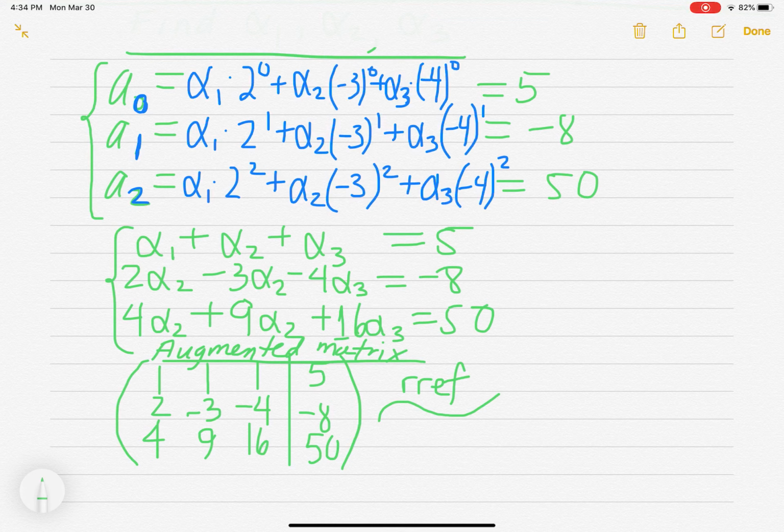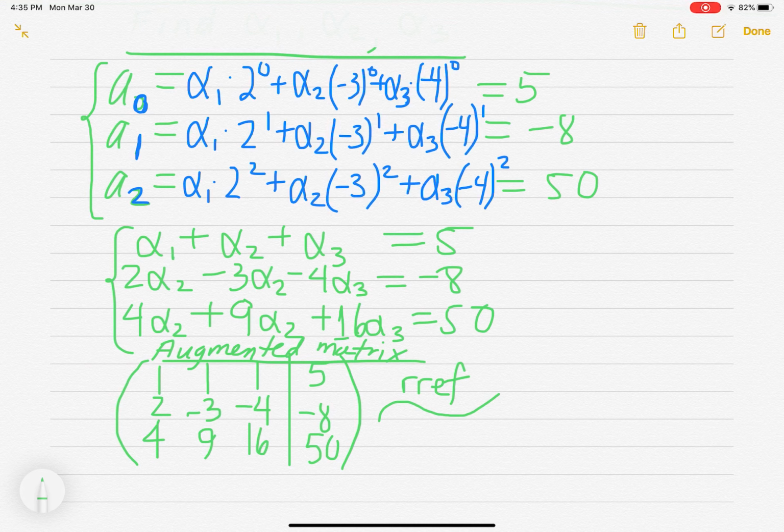And we're going to do 1, 2, 4 down the first column. 1, -3, 9 down the second column. 1, -4, 16 down the third column. And 5, -8, 50 down the far right column. All right, I'm going to go to second matrix, math, RREF.